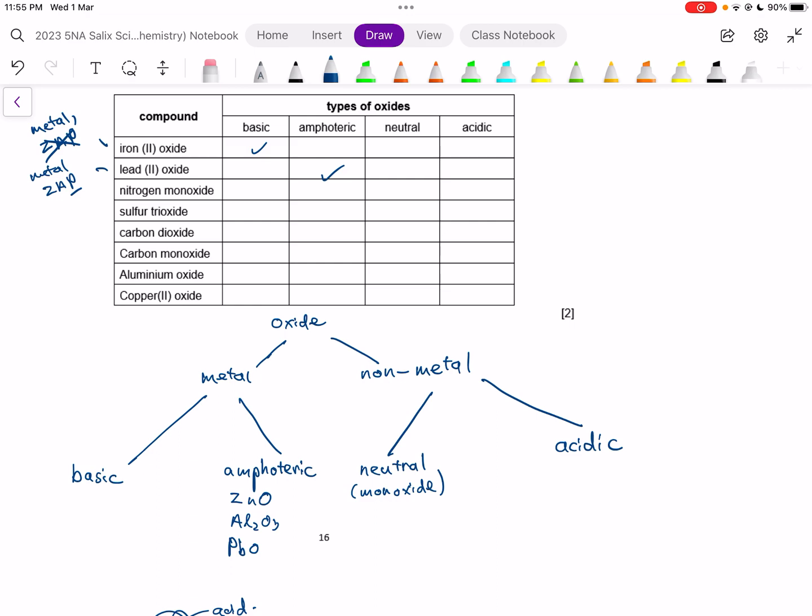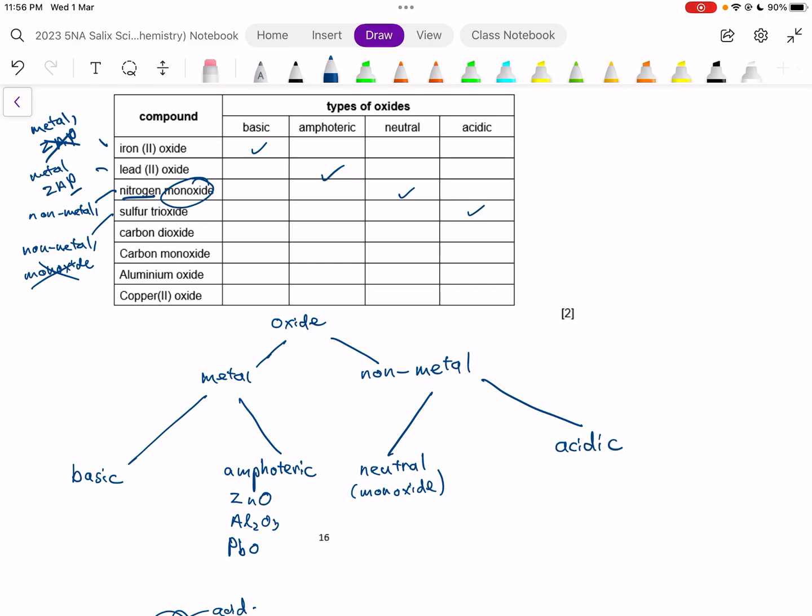Okay, next one. This one is a non-metal. Nitrogen is a non-metal, and then it's a monoxide, so this one is under neutral. Sulfur trioxide is a non-metal, but not a monoxide, right? So this one would be acidic.